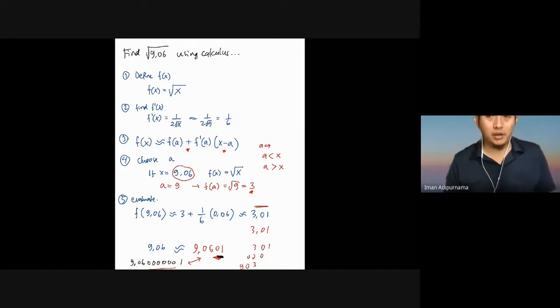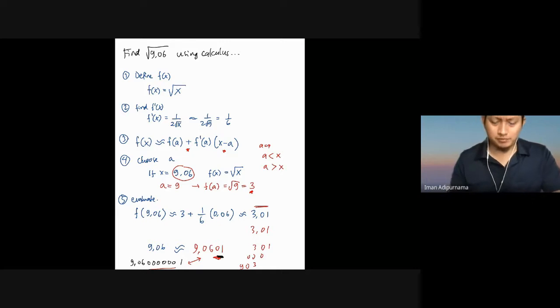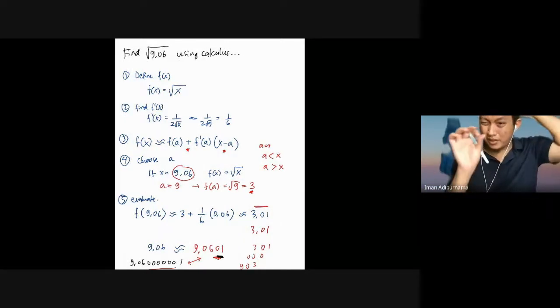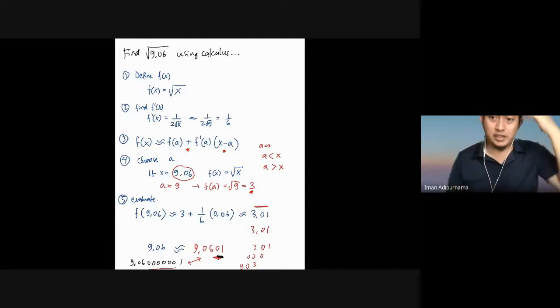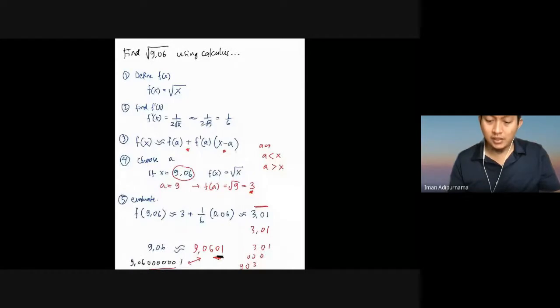But I want to show you that it doesn't need to be really complex or complicated, because it's actually using the same principles. I show you how. This is actually in chapter 4, but I will put it here briefly to see the connections, because it's really connected with linear approximations.